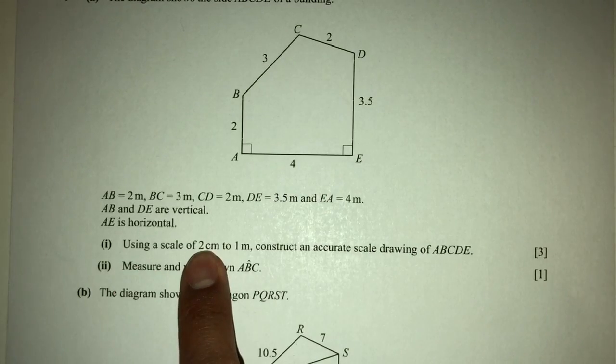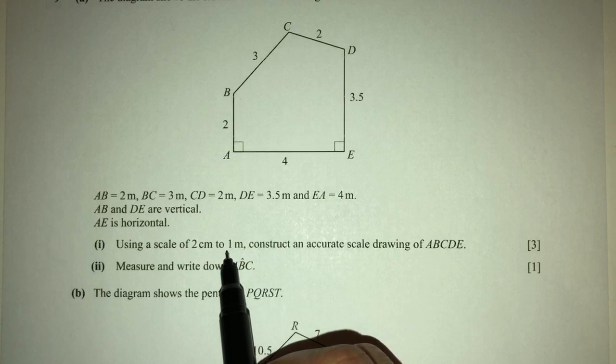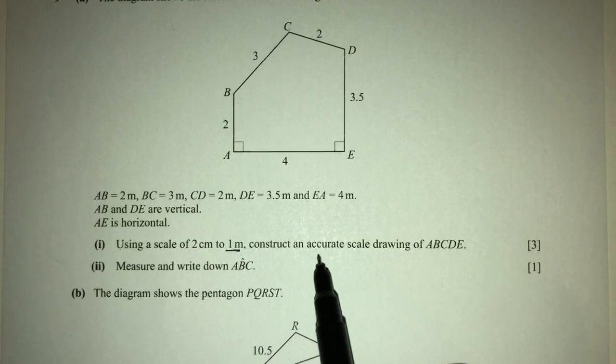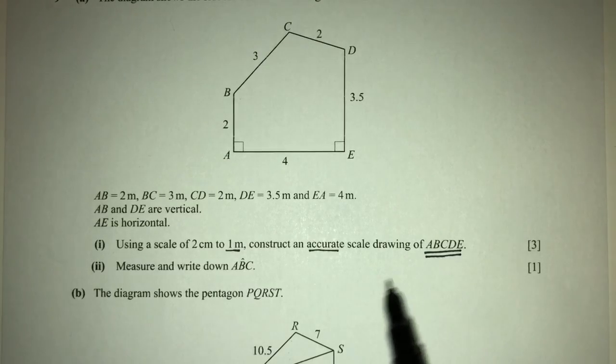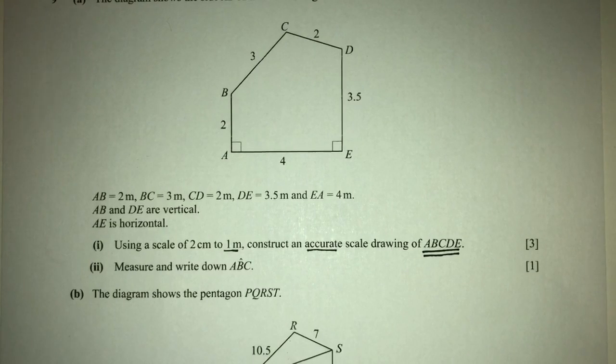Using a scale of 2 centimeters to 1 meter, construct an accurate scale drawing of A, B, C, D, E. Since I don't have my instruments, I will not be doing this part of the question. It is pretty easy. You will just have to measure the sides and draw the rest accurately.